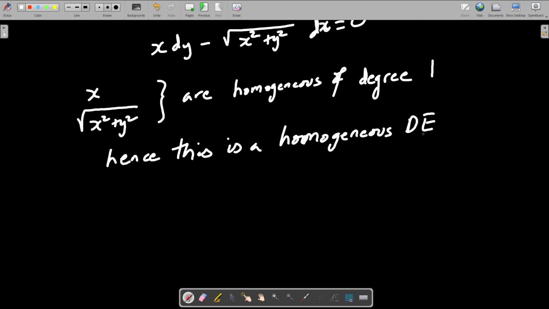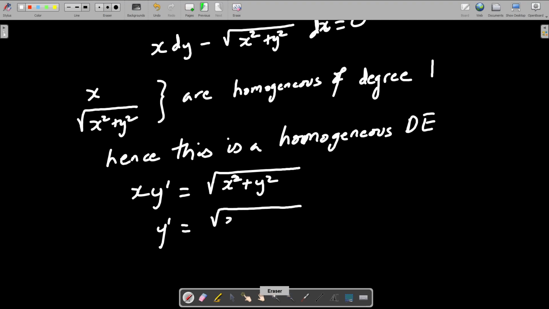A homogeneous differential equation, right? And we have y prime is equal to root over x square plus y square upon x. This is what we are given, no? So let us just write this like this. Now how can you simplify this expression? I taken the x down there. How will you simplify it?